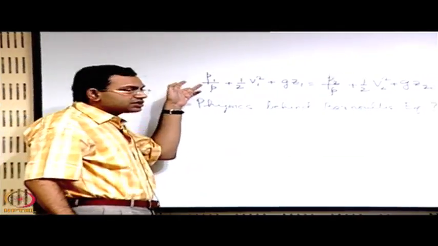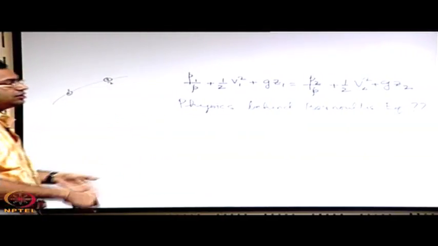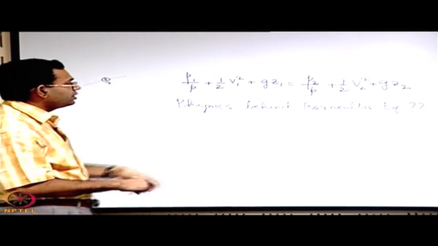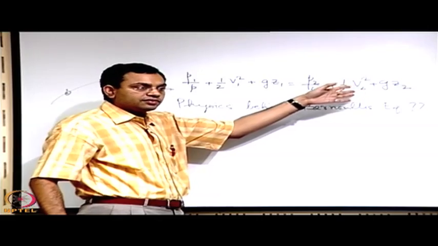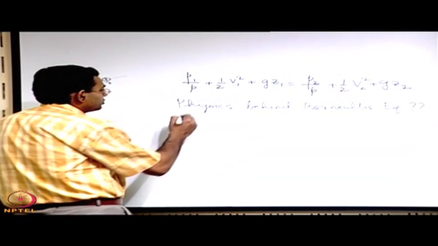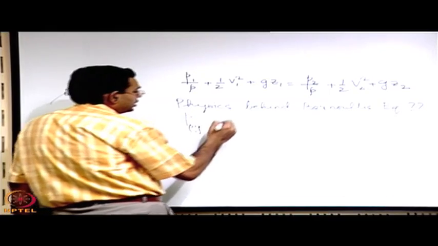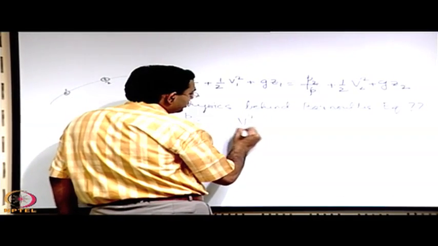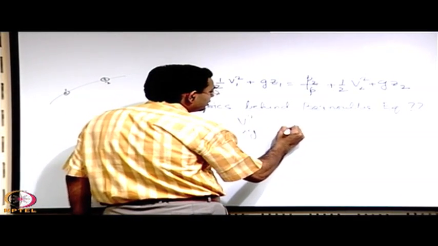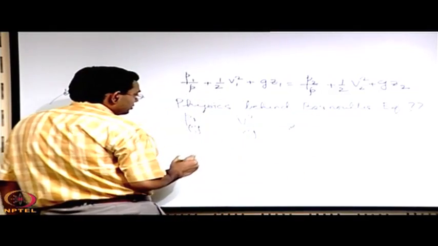This is one standard way of writing it, but in engineering sometimes what we do, we divide all the terms by g and write it in this form. So, p by rho g is the first term, then we have v square by 2g as the second term and z as the third term.